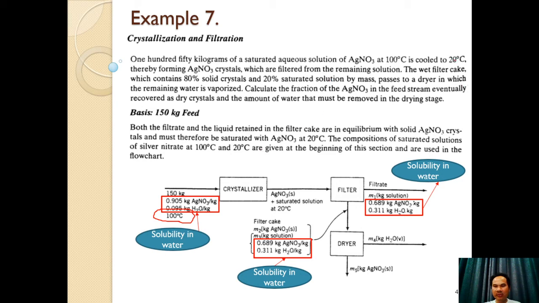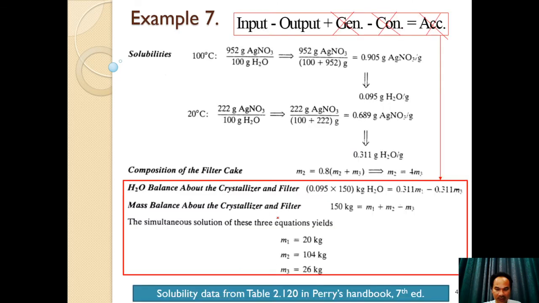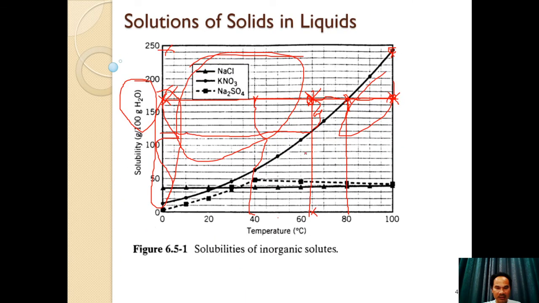Then we cool to 20 degrees Celsius by a crystallizer. We send this solution to the crystallizer, which cools it from 100 to 20 degrees Celsius.